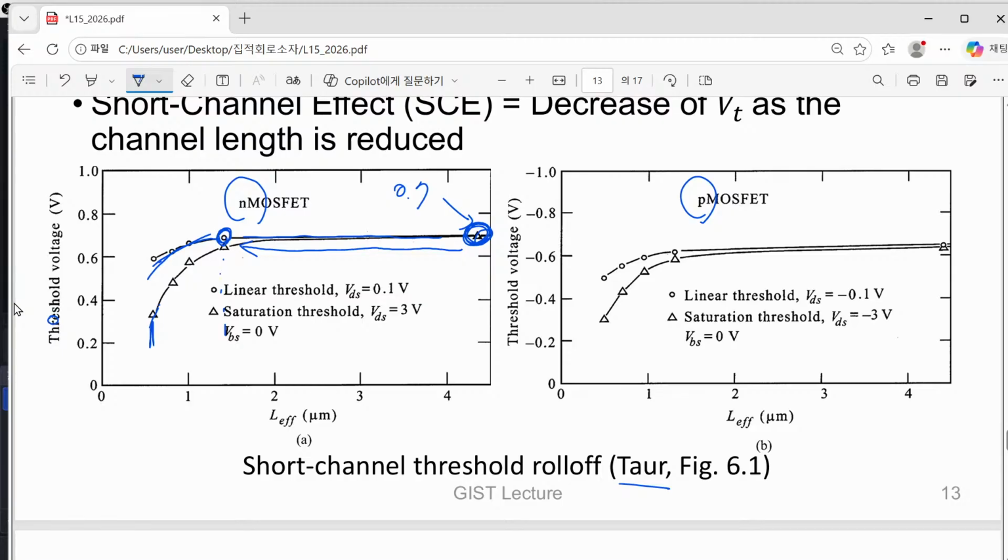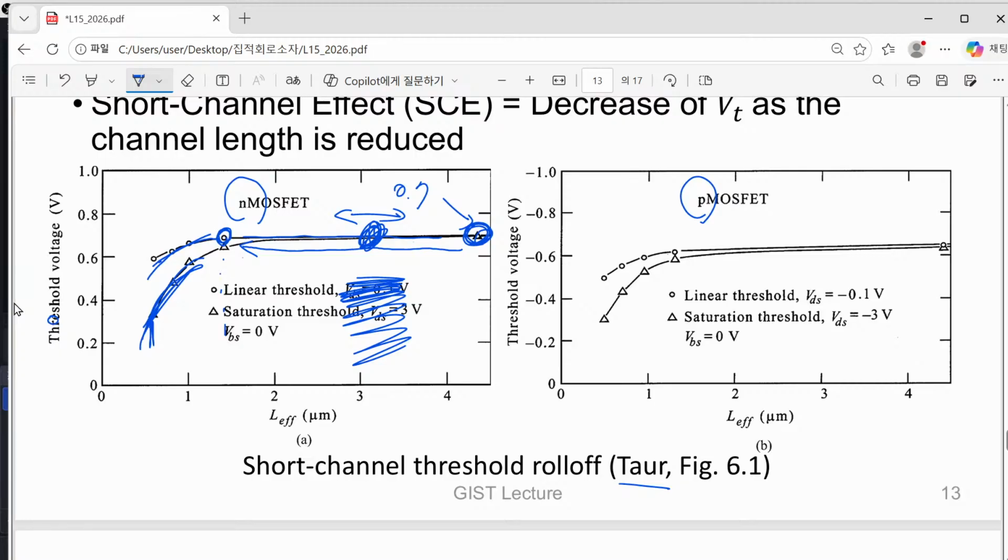Then what will happen to your fabricated device? If we are working with this range, then although we introduce a certain process variation, but that does not change our threshold voltage. But when we are located at this quite steep part, then process variation immediately introduce severe change in our threshold voltage.